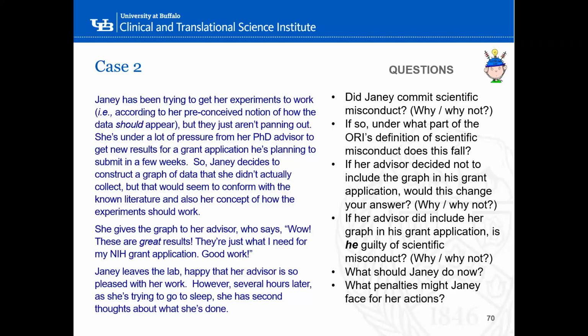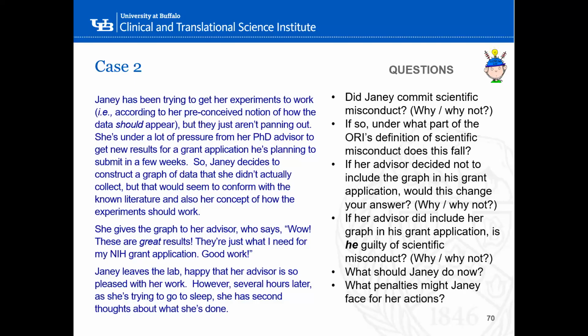If her advisor decided not to include the graph in his grant application, would this change your answer? Did Janie commit scientific misconduct? Let's hear from, is it Jordan? Yes. Jordan, so tell us your thoughts.